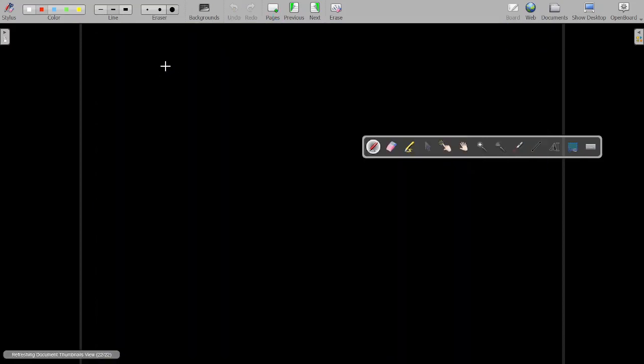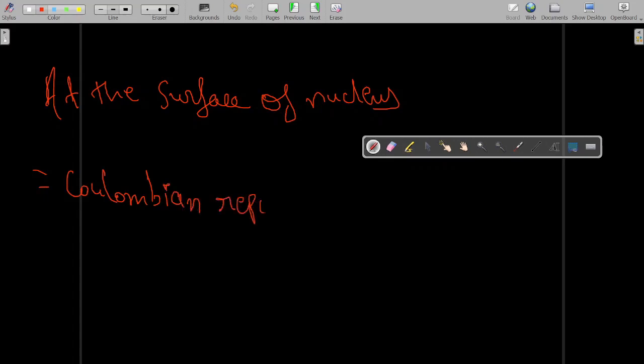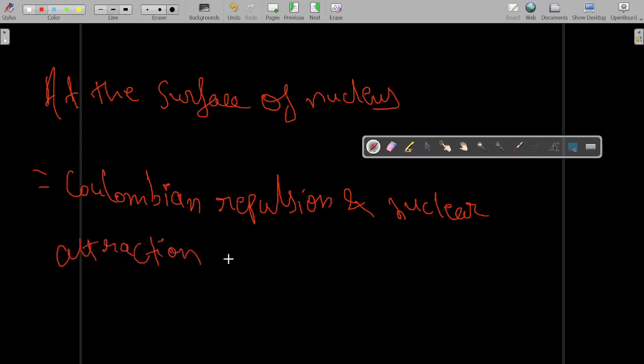So let us write: at the surface of the nucleus, Coulombian repulsion and nuclear attraction balance each other.